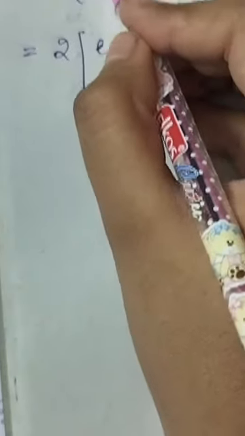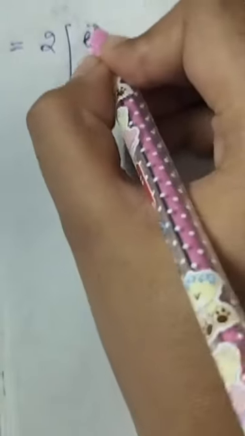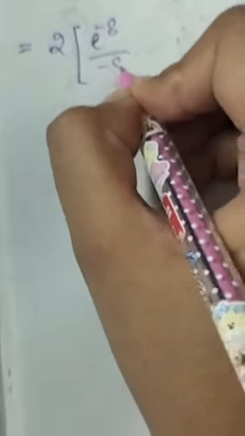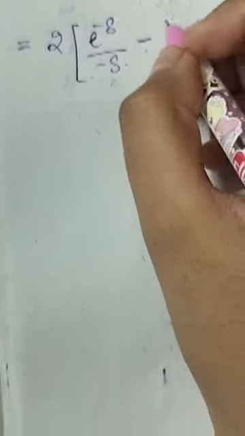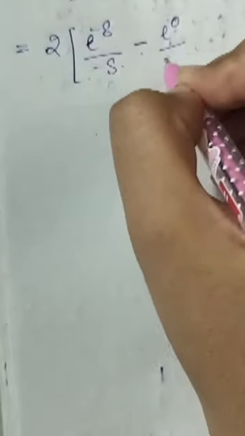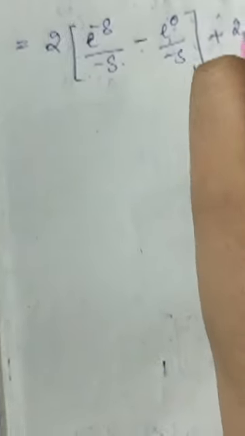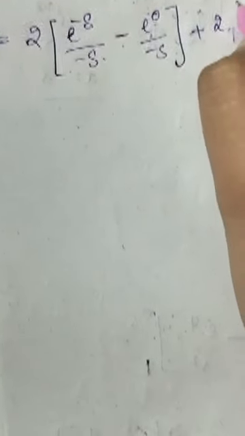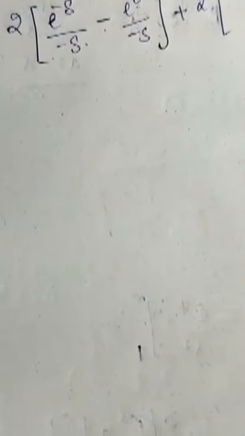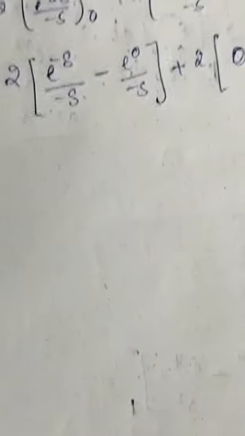We will be substituting in the place of t, minus s by minus s, minus lower limit, so e power 0 by minus s, plus 2. Now here, upper limit, I will consider it as 0, because infinity we will not be solving at all since we don't know, so I will consider it as 0, and upper limit minus lower limit.